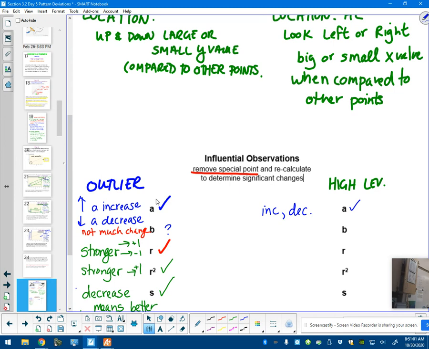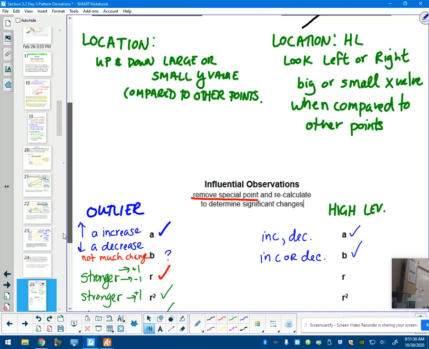In fact, case 2 that we looked at on page 41 didn't do that. B, it's going to change B. It's either going to increase it or decrease it. It all depends. Is it going to change R, R squared, and S? Maybe, maybe not. Probably.